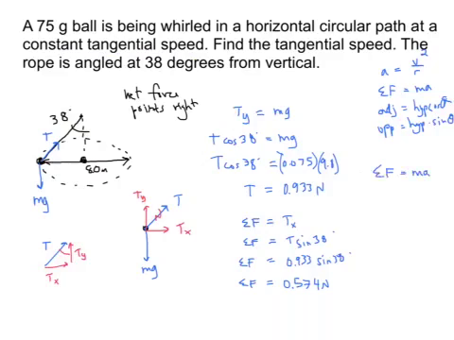The net force, 0.574, equals the mass, 0.075, times the acceleration. Divide both sides by 0.075. You get 7.66 meters per second squared. Meters per second squared is the unit for acceleration, or you could write 7.66 meters seconds to the negative 2.